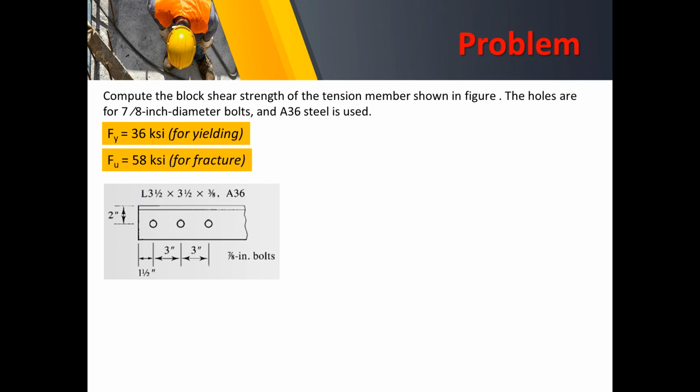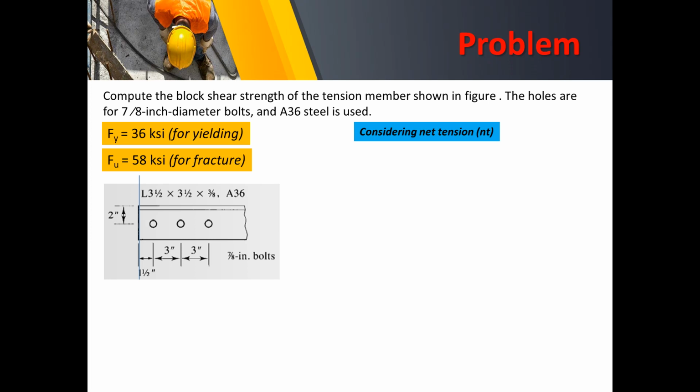First things first, just like what we did a while ago, we need to establish the far end edge of this tensile member. Now, for considering the net tension, say Ant, we just have to project a length here, the length up to the edge of the bolt.